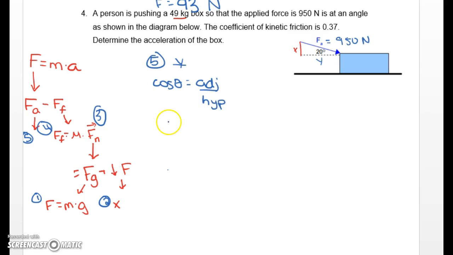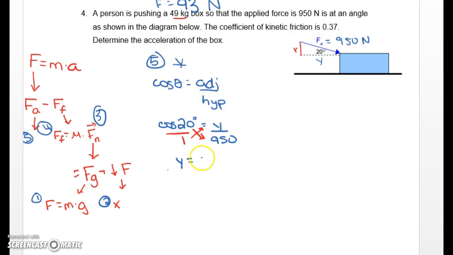All right, so for our value, we had our angle was 20 degrees, and our adjacent was y, and our hypotenuse was 950. We're going to write this over 1 and cross multiply to solve.